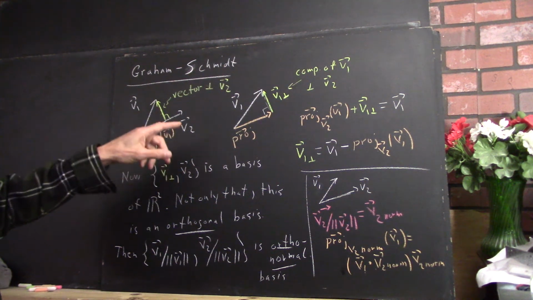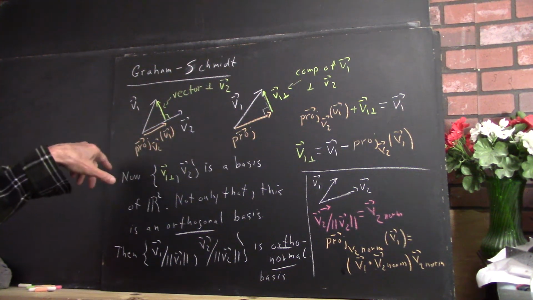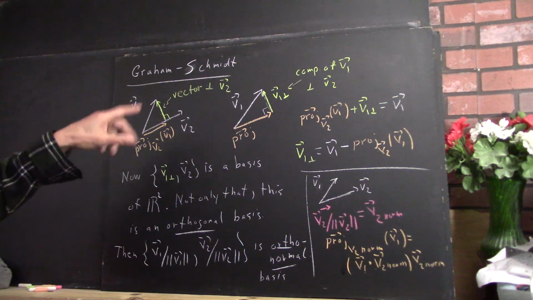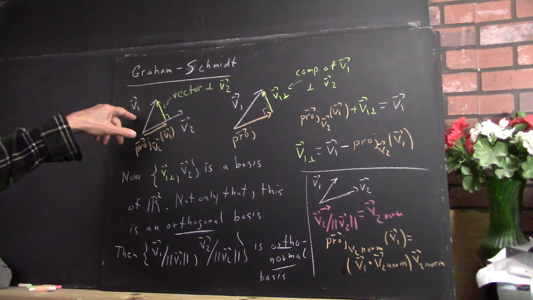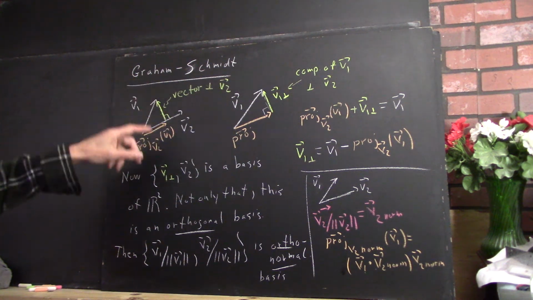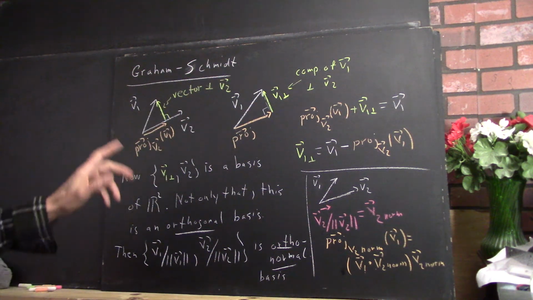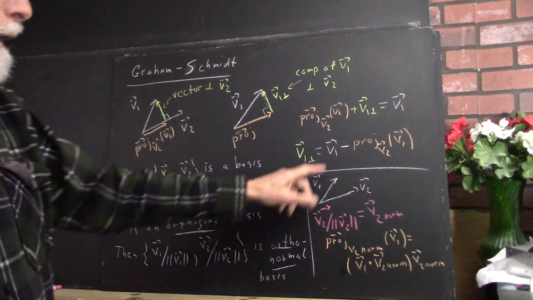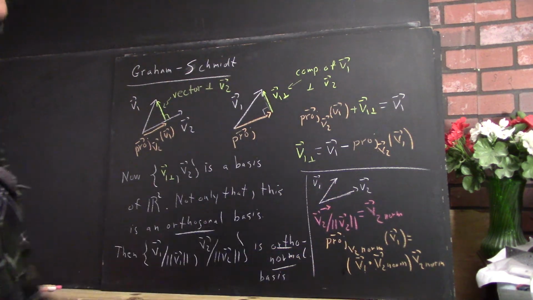Okay? Normalize the second one, and then subtract the projection from the original vector to get the vector that's normal to v2. And if you first normalize that, calculation's simpler. You're going to have to normalize it anyway, you might as well.